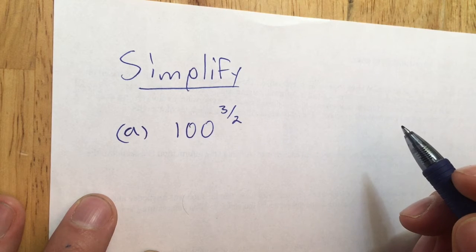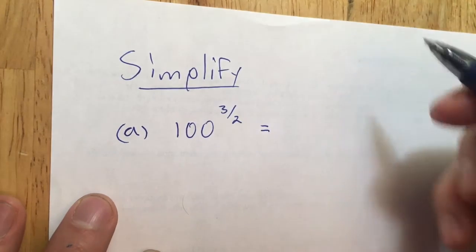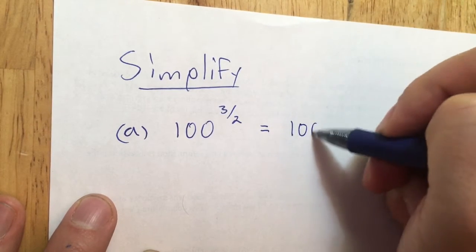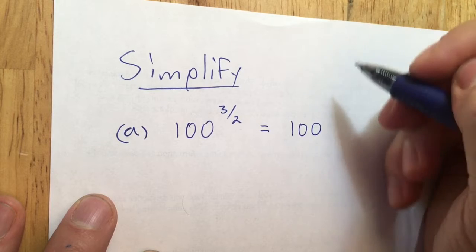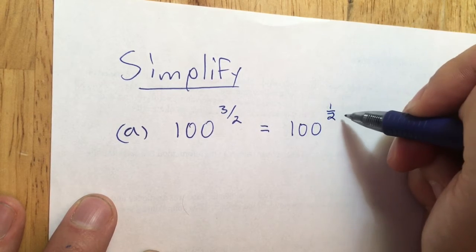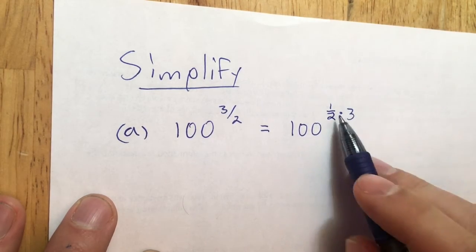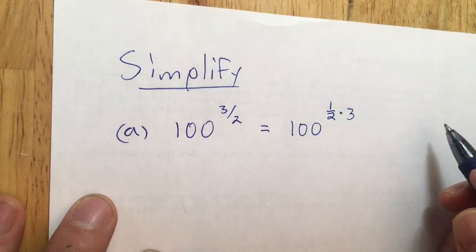Well, what we can do here is we can write 3/2 as the product of two fractions, 1/2 times 3. 1/2 times 3 is the same as 3/2.